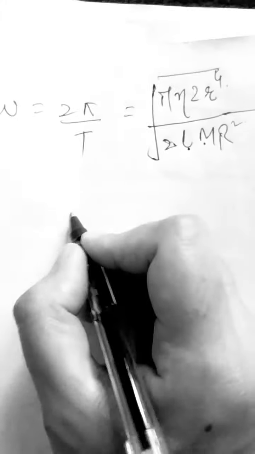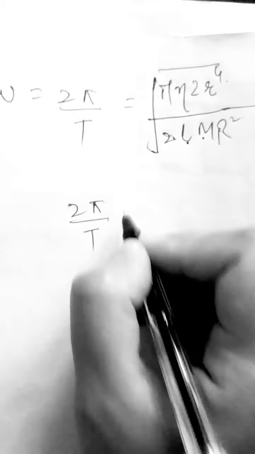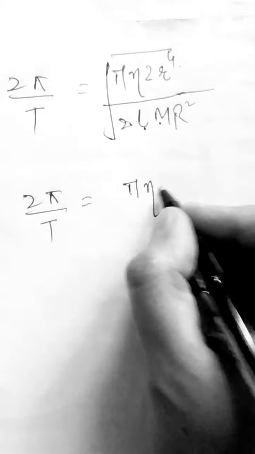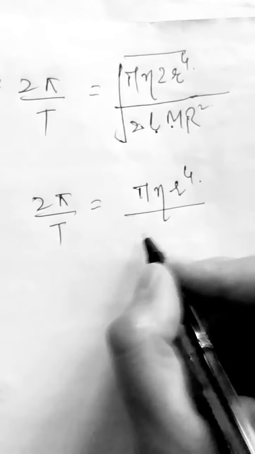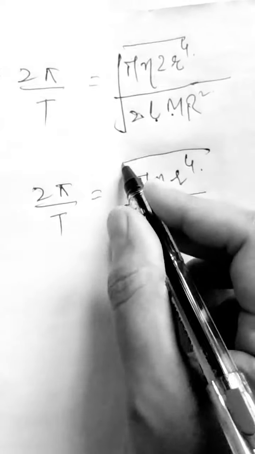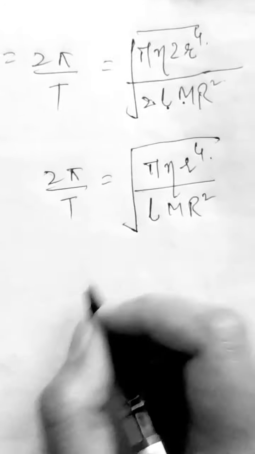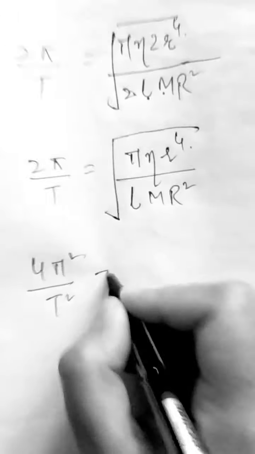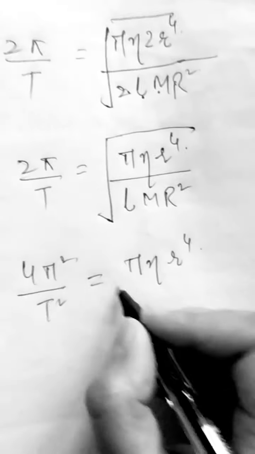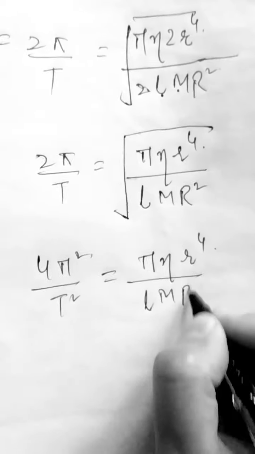Now this 2 pi by T is equal to under root pi eta r 4 by L m r square. Then you can choose to square it on both sides. It will be 4 pi square by T square, and this will be equal to pi eta r 4 by L m r square.